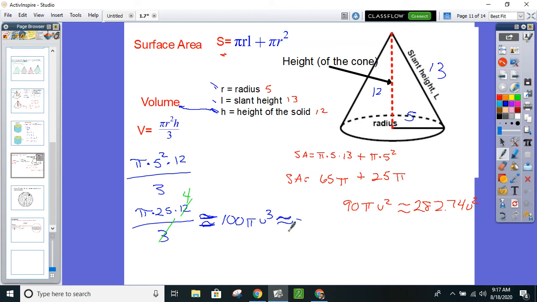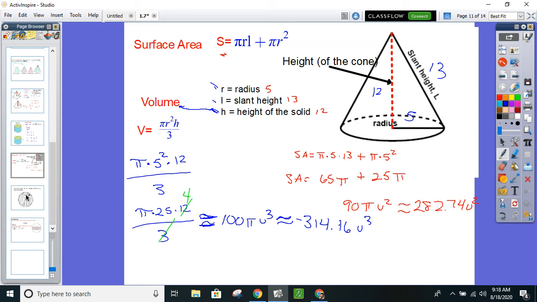It means you rounded it. So 100 times pi gives us 314.159. We're going 2 decimals, so it'll be 314.16 units cubed. We're doing volume here, so it'll be units cubed. All right, y'all, that's a cone.